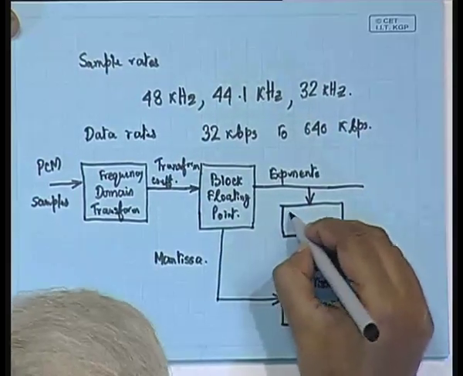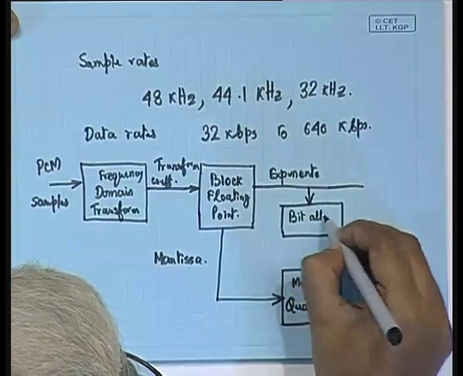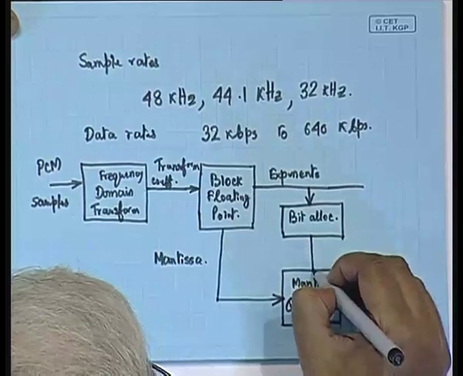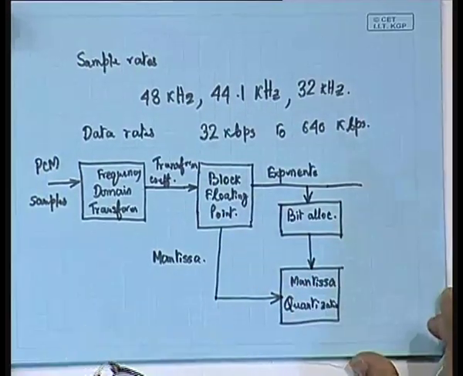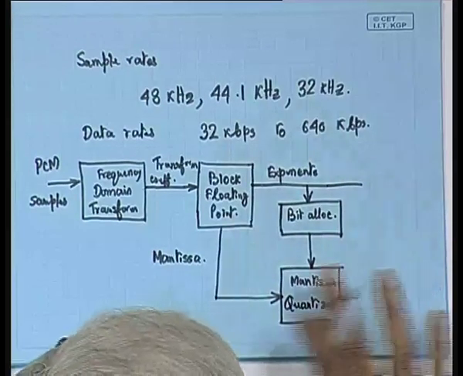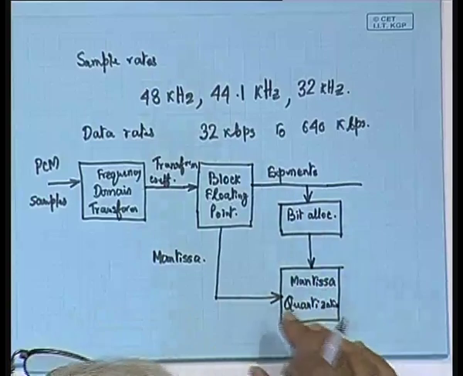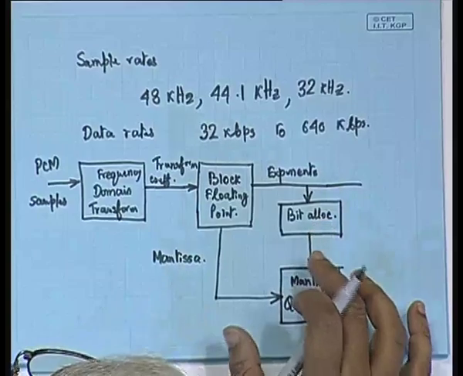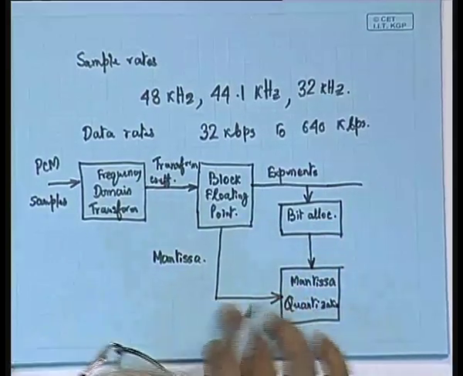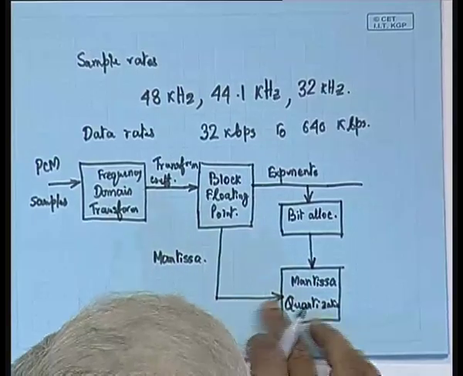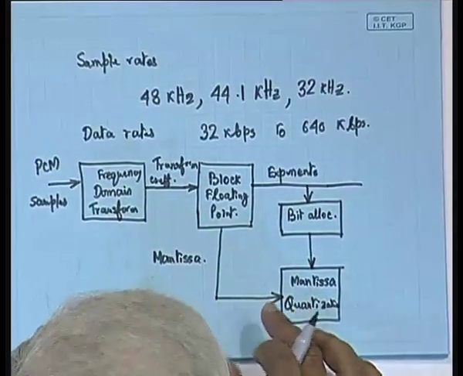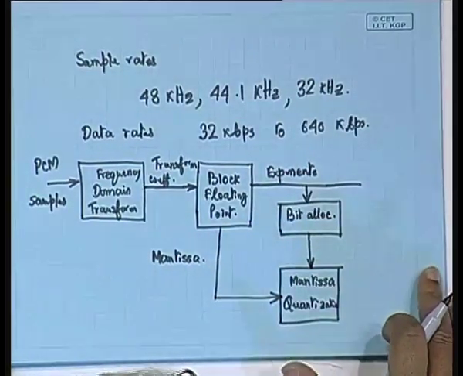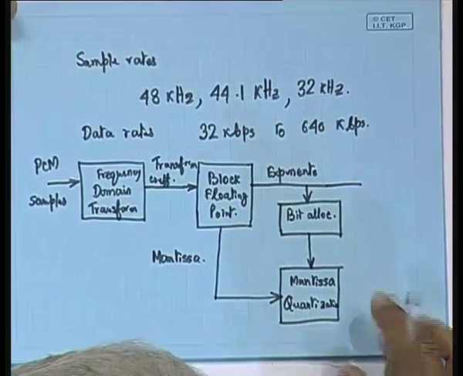So, there is a bit allocator. The bit allocation model controls the mantissa quantization. For the mantissa components, how many bits will be allocated is decided by this bit allocation model. So, basically a variable length encoding is done for the mantissa, whereas a fixed length encoding is done for the exponent part.